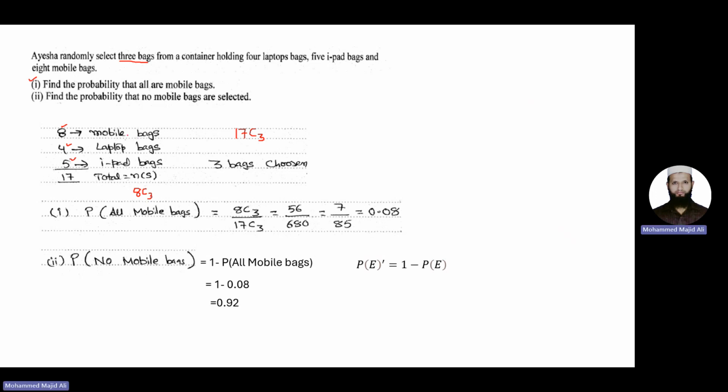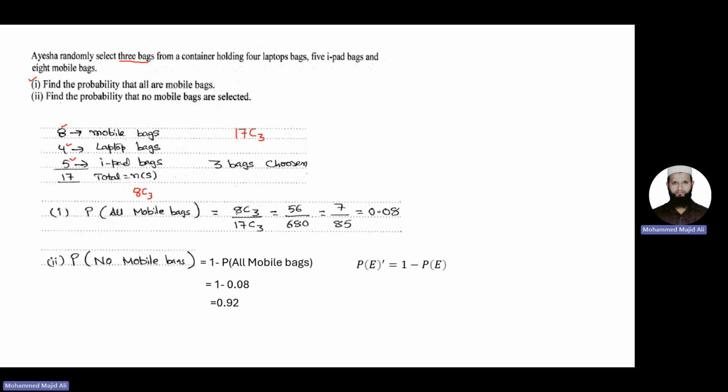Now finding the probability that all are mobile bags. How do you find the probability? Favorable number divided by total number of outcomes. So the favorable outcomes are 8C3, divided by the total 17C3.